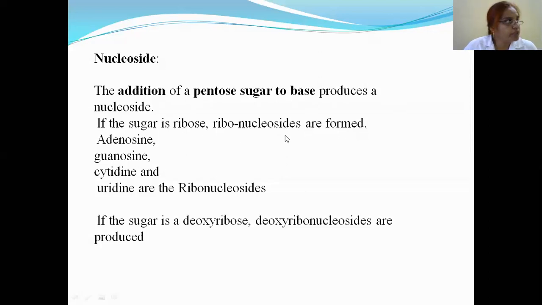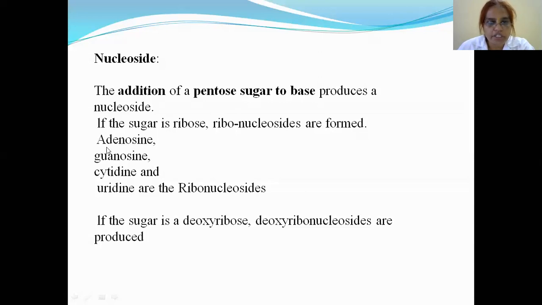See the examples: adenosine, guanosine, cytidine and uridine. Nucleoside means one sugar and one base, only two molecules.